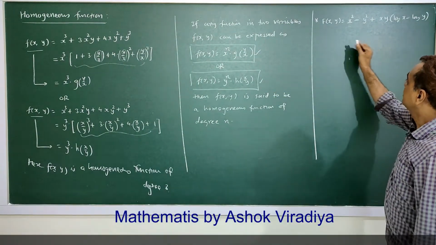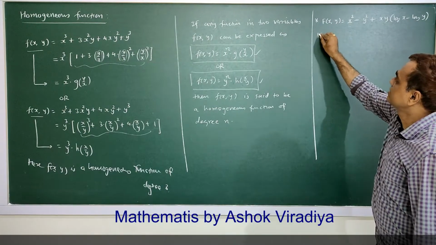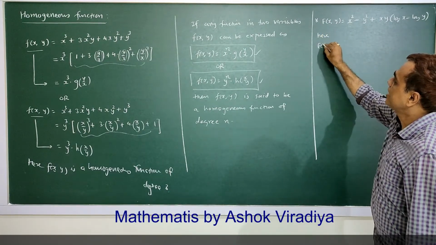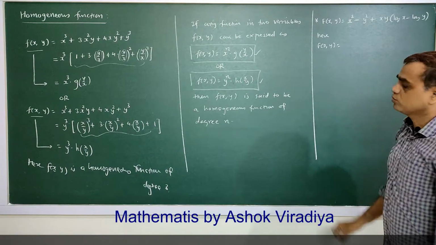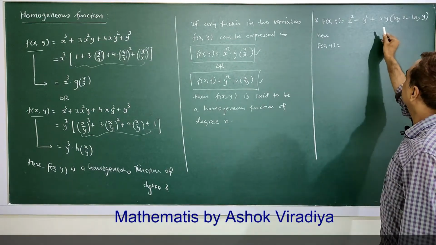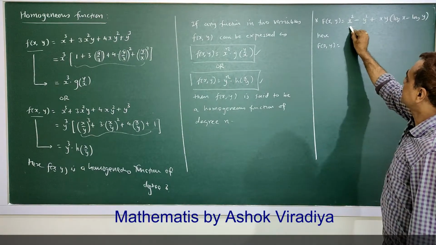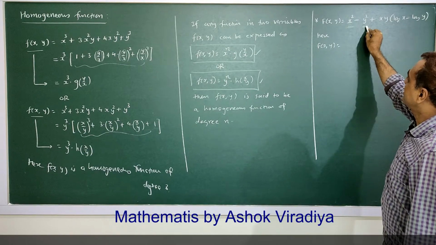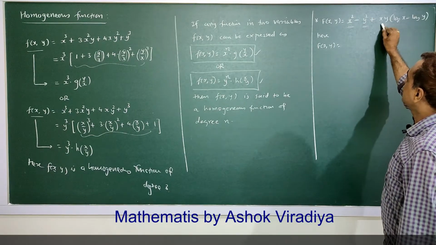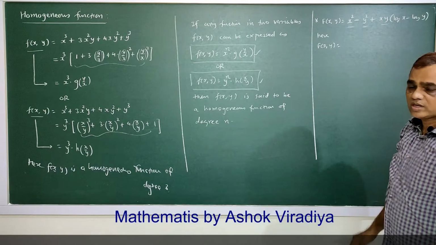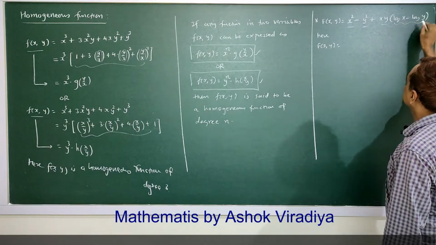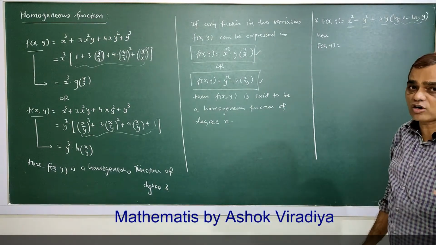So here f of xy equal to, now look here, x has power 2, y has power 2, so total power 2, and these log terms we will join applying the working rule of log.